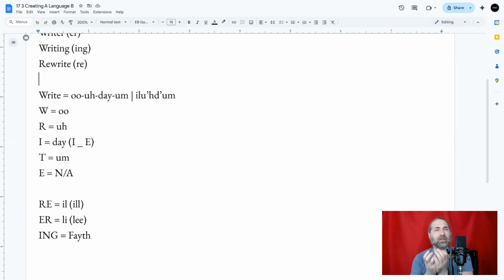And that is one of the things that you have to think about when you're creating your language, is you have to start organizing not just the sounds you created from the second video, because in the second video we talk about creating sounds for letters. And then of course you can create your own letter for that sound, if that makes sense.